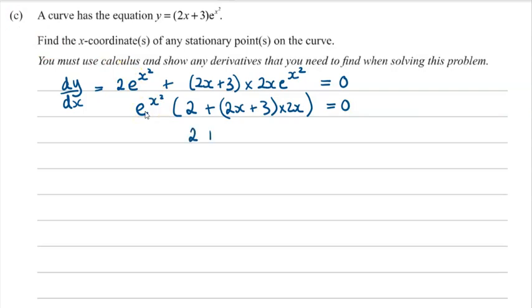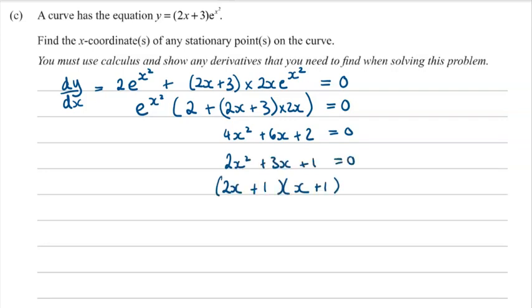So we've got 2 plus 4x squared plus 6x is equal to 0. We'll just rewrite that with the plus 2 here so we can see a bit more easily. Let's divide everything through by 2. We get 2x squared plus 3x plus 1. That factorizes quite nicely. So x is minus a half, x is minus 1.